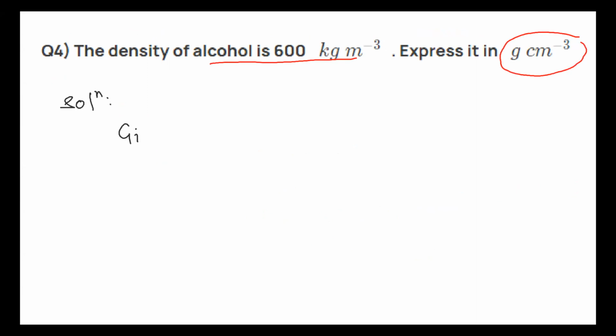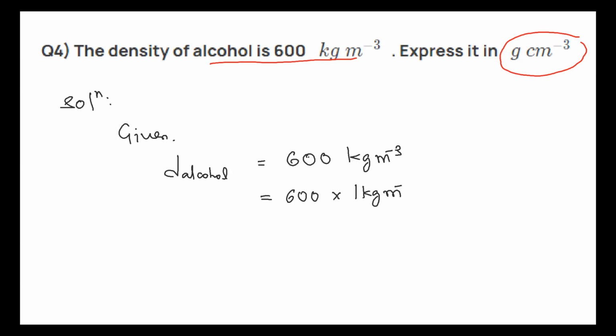Given: density of alcohol is equal to how much? 600 kg per meter cube. That is 600 into 1 kg per meter cube. What I have done is I have divided the magnitude and the unit, and we know that 1 kg per meter cube is equal to 1/1000 gram per centimeter cube.